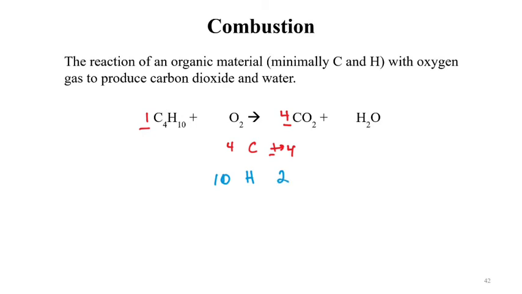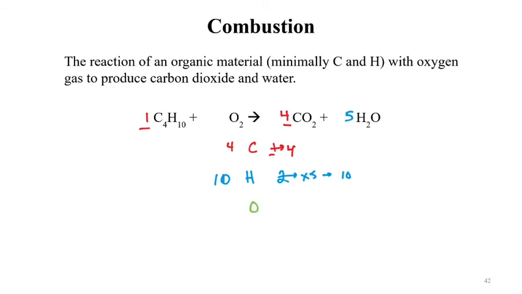Is 2 equal to 10? No. How do we make 2 equal to 10? We multiply by 5. So if we're multiplying by 5, that's what gets us our 10. We do that by putting a 5 there. Yeah? Cool. Now what do we do?